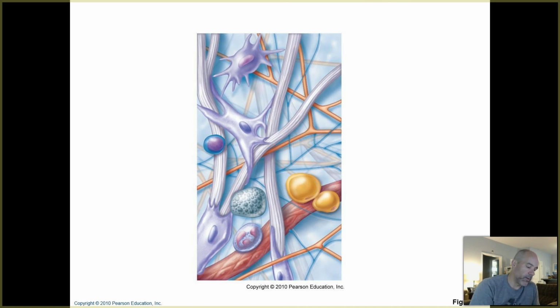All right, now what about everything else in there? All the blue area, all the rest of the stuff where you don't have the protein fibers, it has kind of a weird name. It's called ground substance.